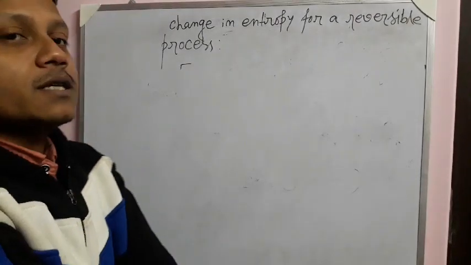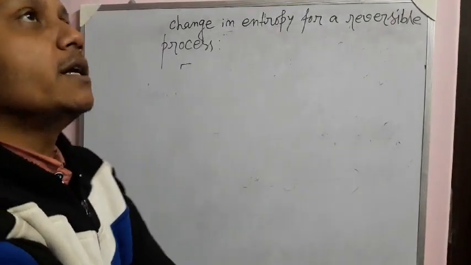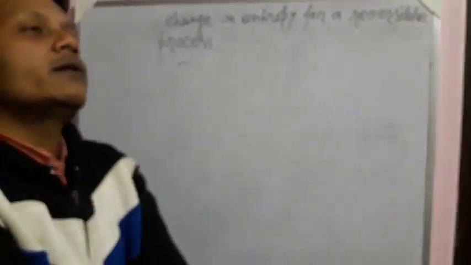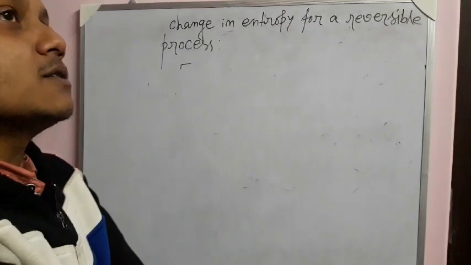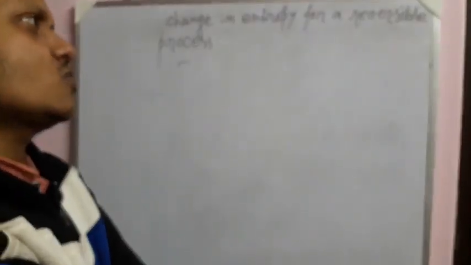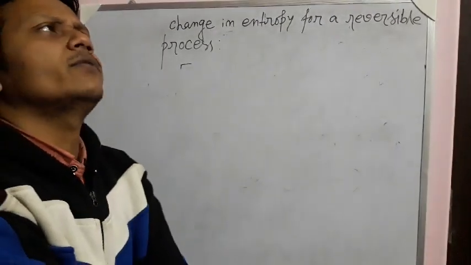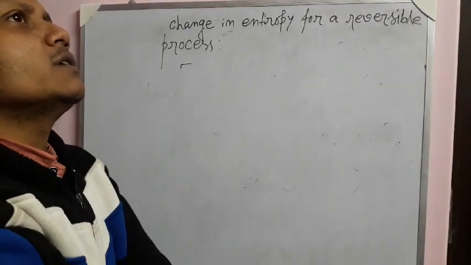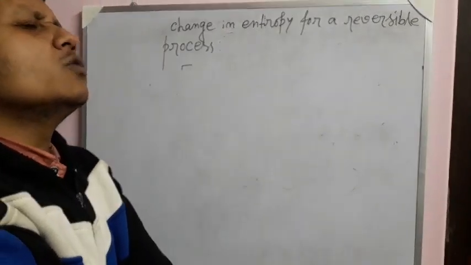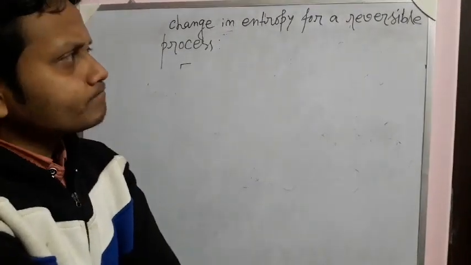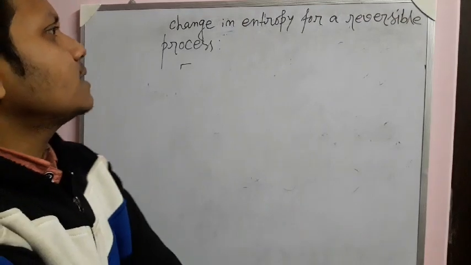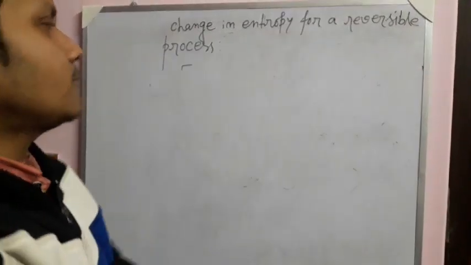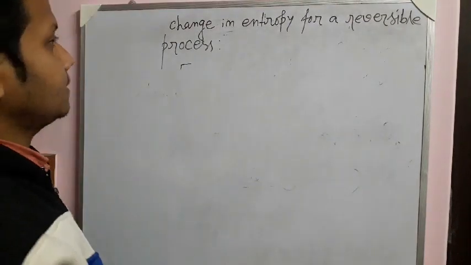For example, you can say the Joule-Thomson effect that we will study later. Say current flows through a resistance, this is also irreversible Joule heat loss. So these are the examples: the Joule-Kelvin effect, or current flowing through a resistance, that is when heat is produced, I square RT. So these are examples of irreversible processes. Okay, so that we will discuss in our next class.